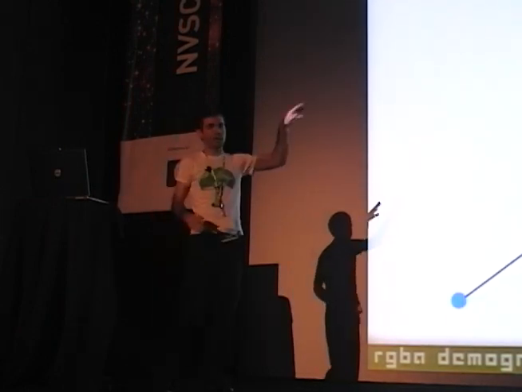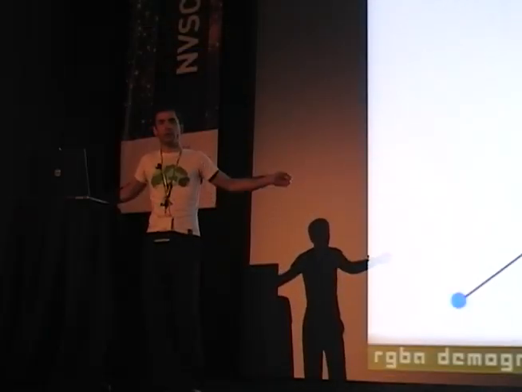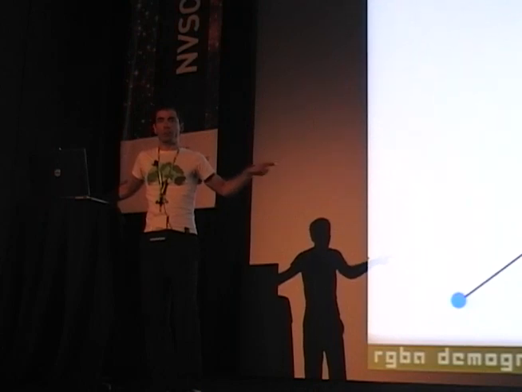So you have the objects, your 3D scene in black, you have your camera or your point of interest in blue, and you have a line that represents the direction you are interested in, the direction you want to know if there is anything there or if there is any color or whatever. So what you do is take the blue point and somehow compute the distance to the closest object in the scene.